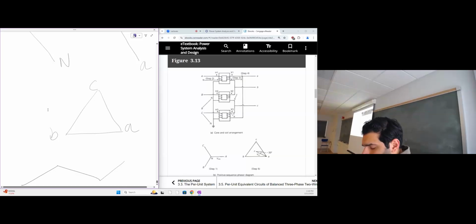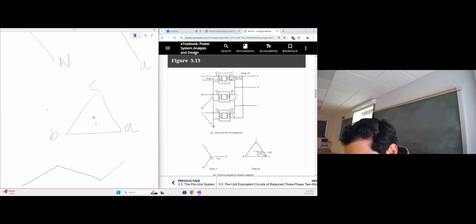Now, this triangle has a centroid. Okay, this is a physical element in any triangle. It's like the midpoint of that triangle. Okay.